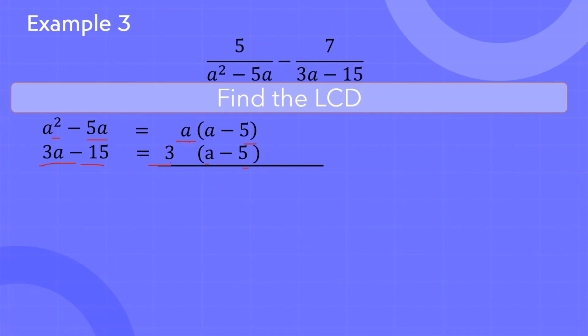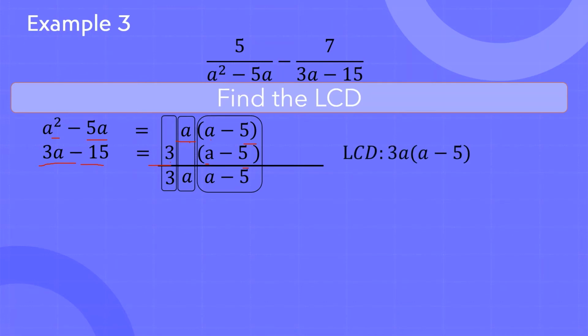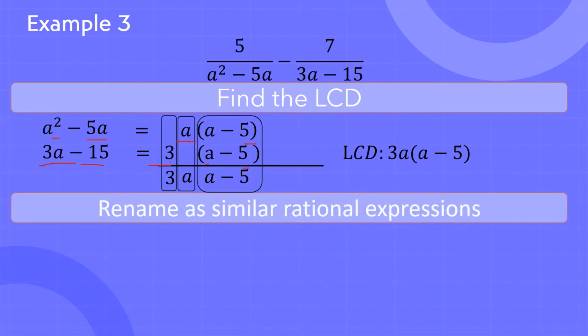Okay, then multiply natin itong mga factors na to. We have 3 times a times a minus 5. And the LCD is 3a times a minus 5. Then, rename as similar rational expressions. So, kunin natin yung first expression, gawin natin na ang denominator is 3a times a minus 5.